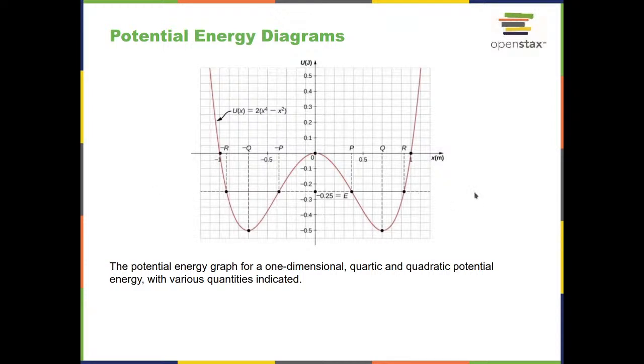If I were to, for some reason, position this particle at, let's say, between the origin and p, I would have to give it a higher potential energy, and therefore a higher total energy than minus 0.25. And then, of course, if I give it a higher total energy, then this line would be higher up here.